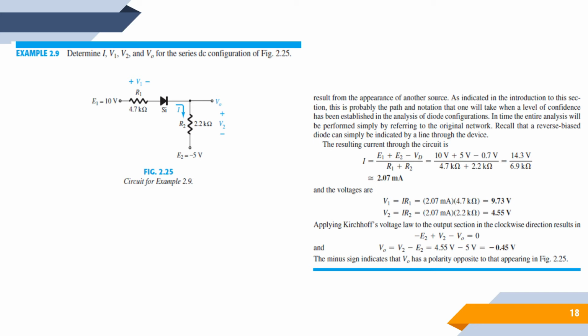Kukunin naman natin yung output voltage. Para makuha yung output voltage, V2 minus E2 lamang siya, which is equal to 4.55 volts minus 5 volts is equals to VO or output voltage now is negative 0.45 volts. Now, paano natin nakuha yung VO? Maggagamit lamang tayo ng Kirchhoff's voltage law sa output section.